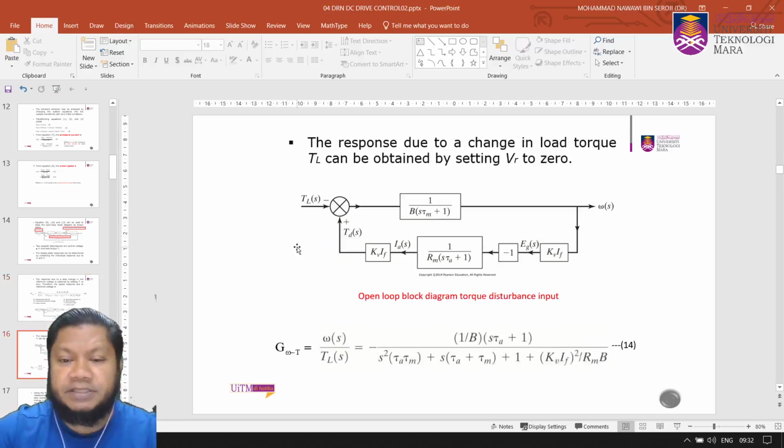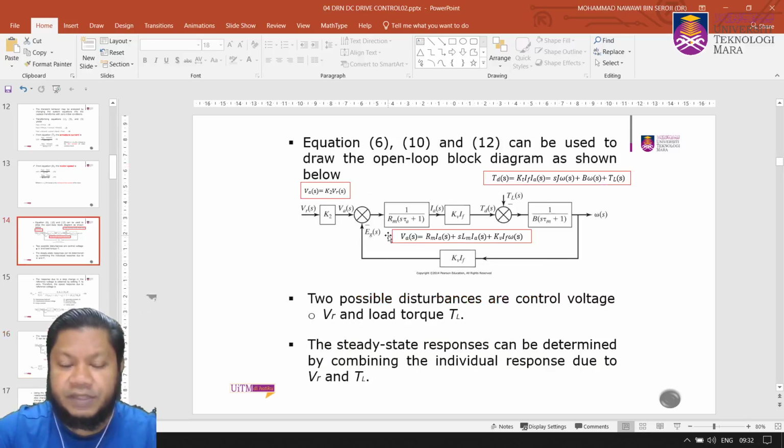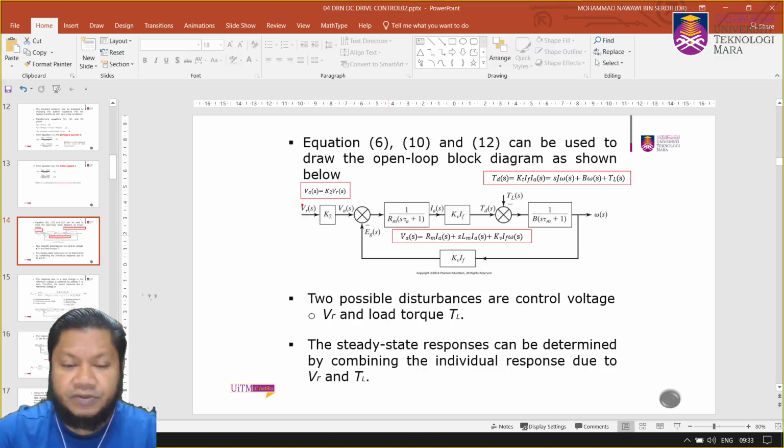Next, we look into the load change. What happens to the model, the behavior of the motor, subject to the change in the load torque? So when you do that and rearrange the model here, you set VR equals to 0, so therefore you don't have that.